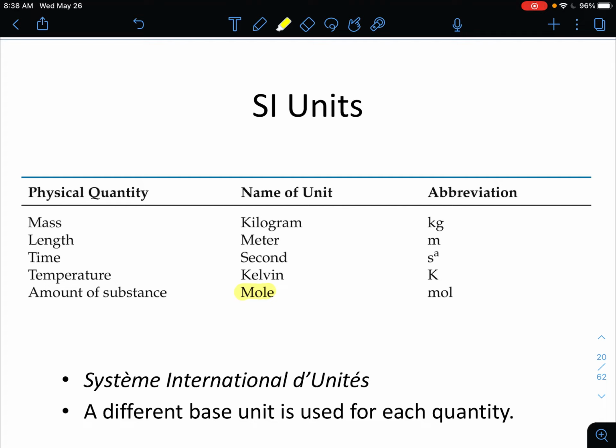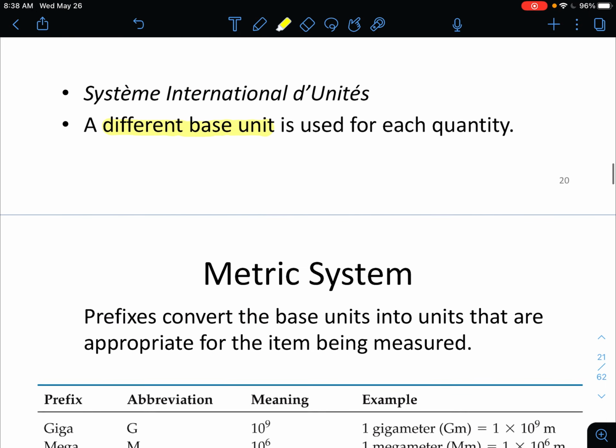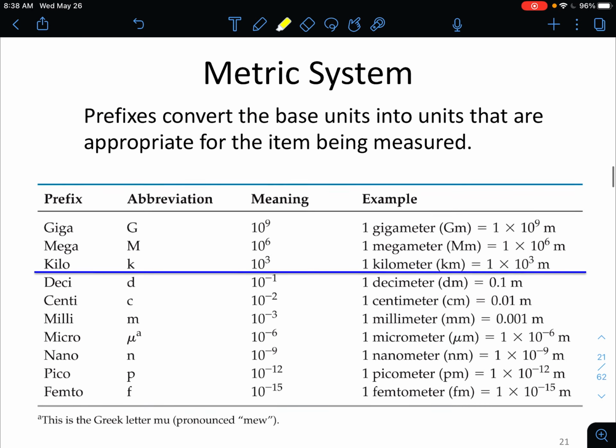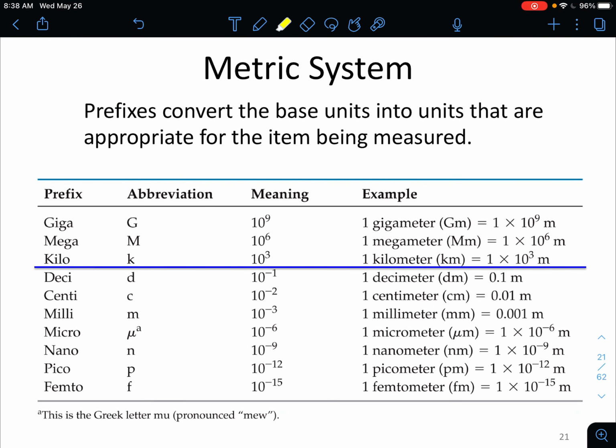When you think about the metric system, the important thing to be aware of is we've got all these different base units for whatever quantity we're talking about, mass, length, time, etc. And then we can use prefixes like kilo or milli or centi to change the size of the unit. So here are all the common prefixes that we use.